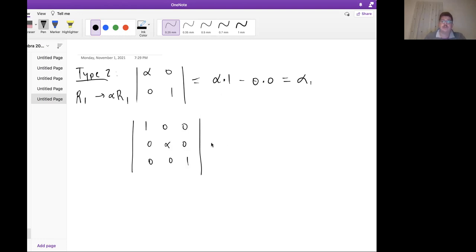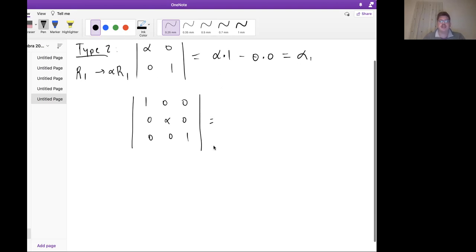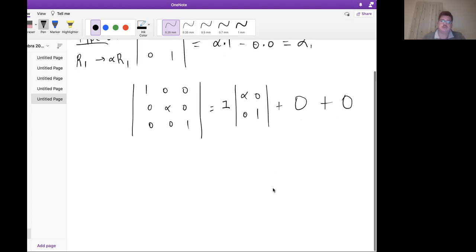So let's check. Again, these elementary matrices are nice because we have a lot of zeros, so a lot of terms you don't have to calculate. So we have 1, and then what's the M11? Yeah, alpha 0, 0, 1, and then we have plus 0.